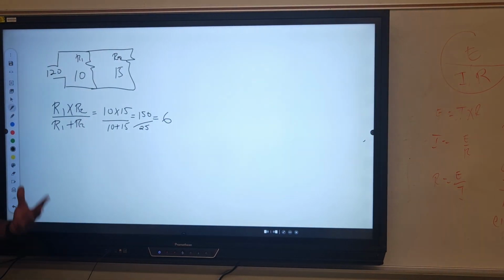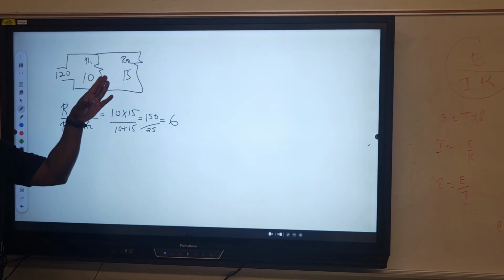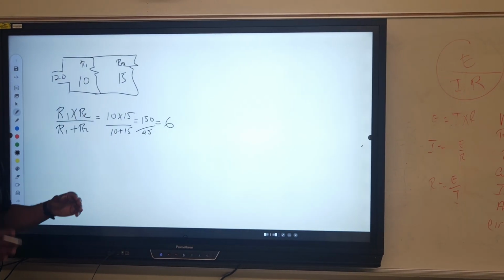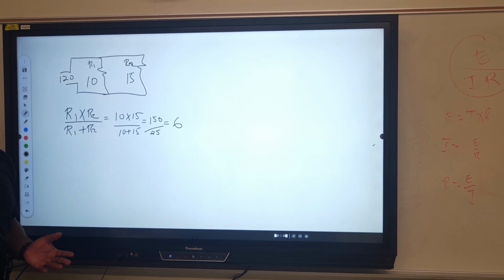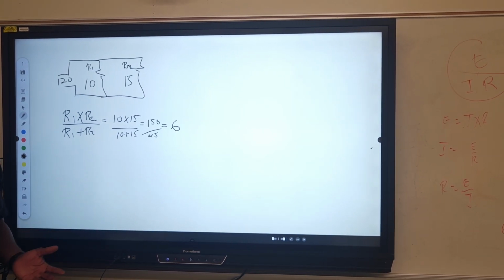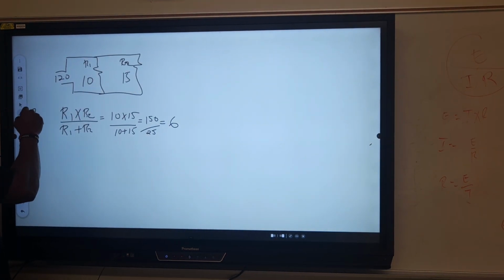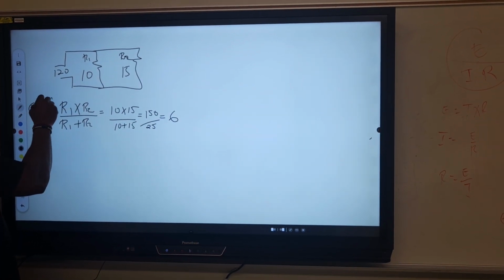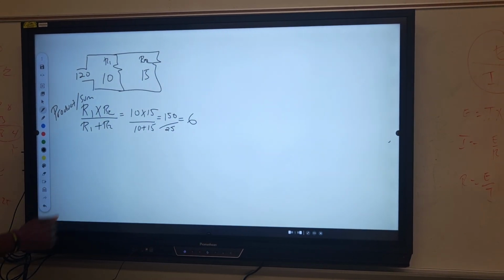That formula is a lot better, but it can only be used with 2 loads. If you have 3 loads, you can apply the formula twice, and you can avoid all the fractions and decimals. This is called a product sum, and it should only be used with 2 loads.